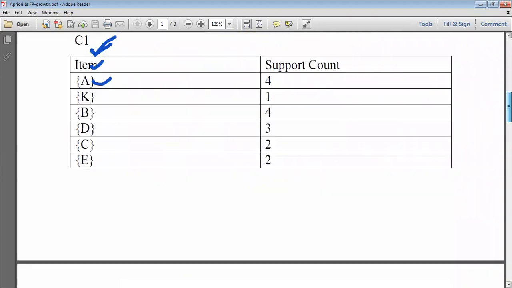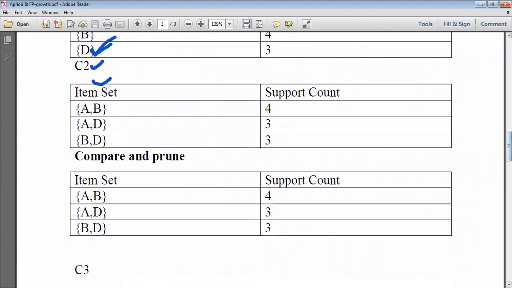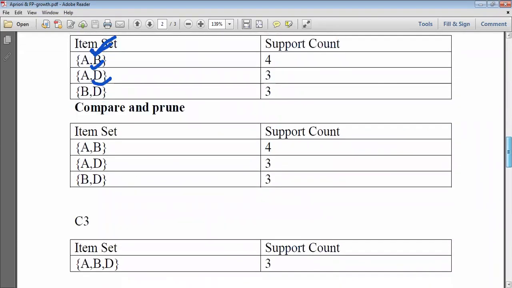In this way, we have to calculate the support count for the itemsets AB and AD. AD is purchased 3 times, so its support count is 3, and BD's support count is 3.